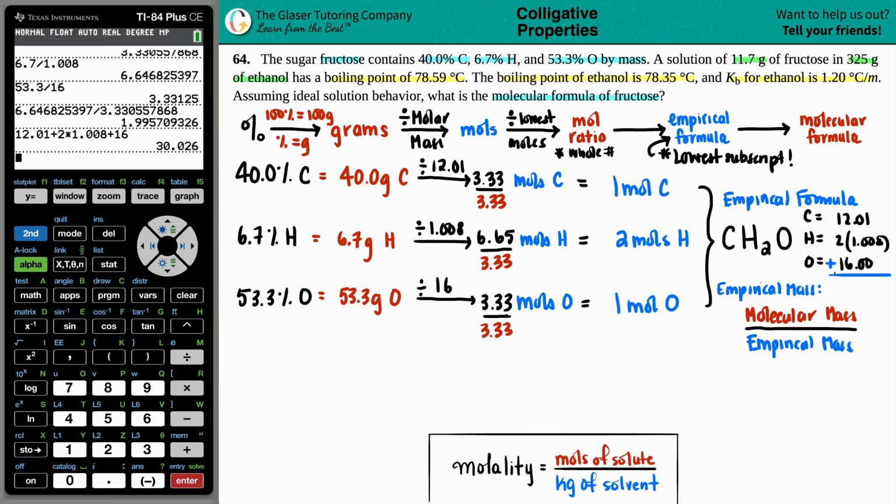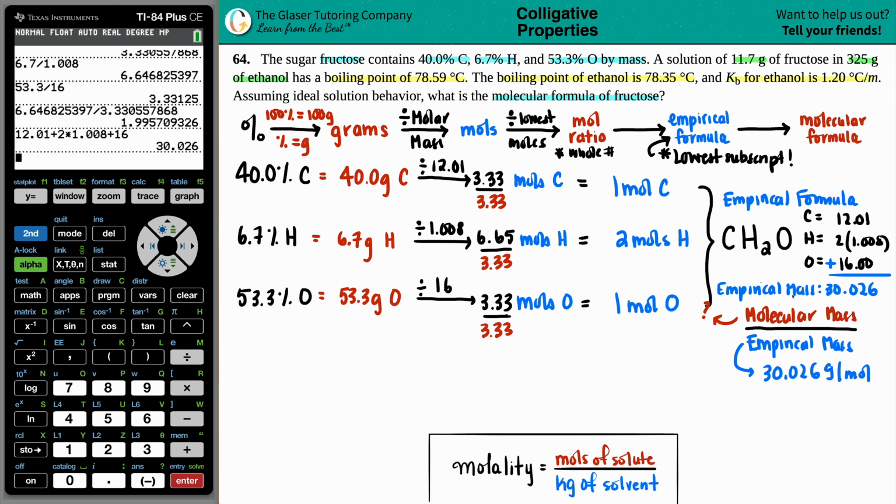I get an empirical mass of 30.026 grams per mole. But the thing is, I'm stuck because I don't have that molecular formula to know what my molecular mass is. So this is a question mark right now. We've done all that we could to solve for everything that we can with the percentages. And that's it, guys. I got nothing left for you, so good luck.